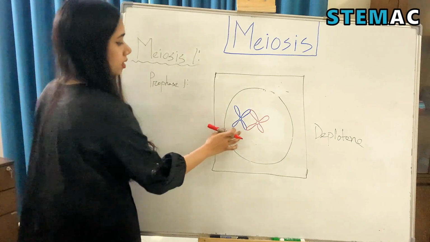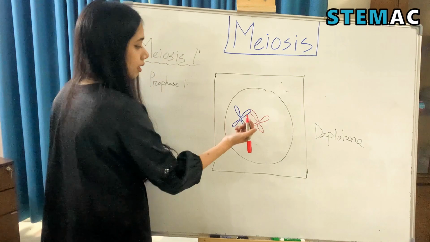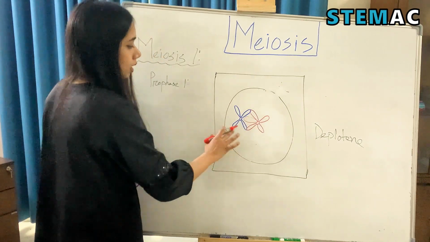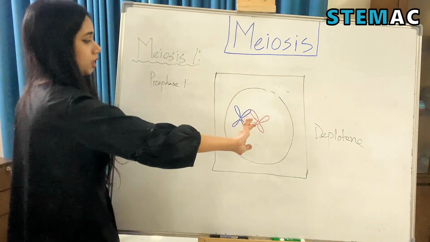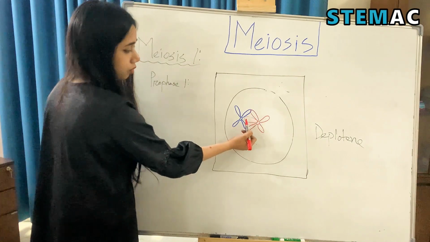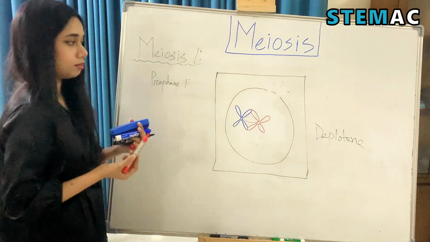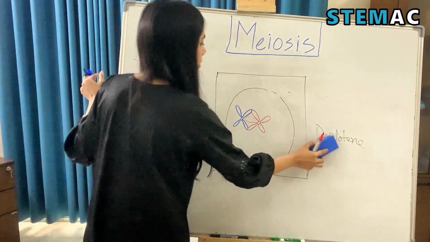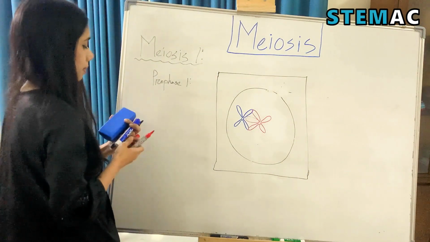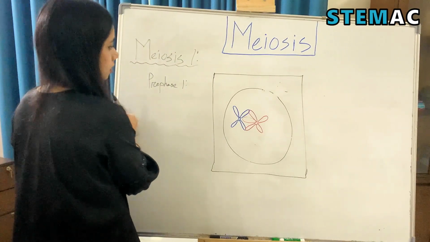However, they are still attached at their chiasmata, right? So they will instead form a loop in the middle. They're starting to move away from each other, but they're still attached at the chiasmata, so they form a loop in the middle. This happens in the diplotene phase of prophase 1. After diplotene, we will move to diakinesis.